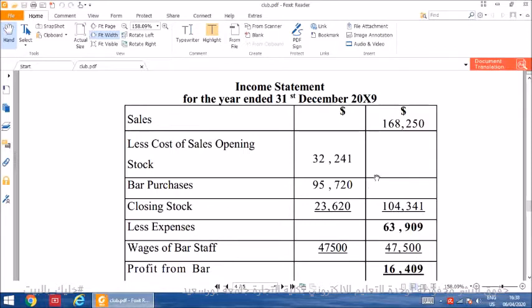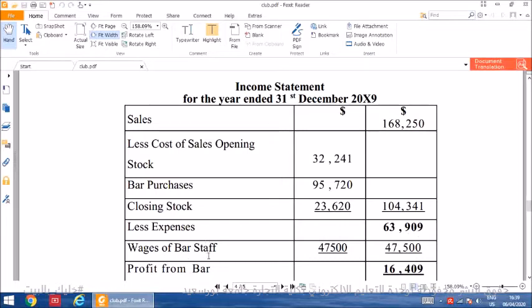So 168,250 less 104,341, 63,909. Less expenses.